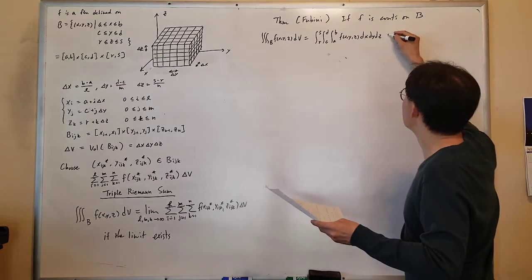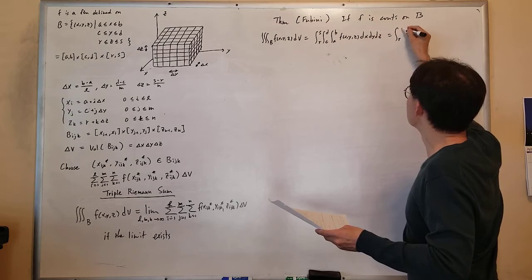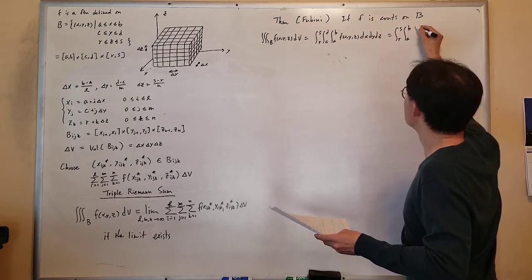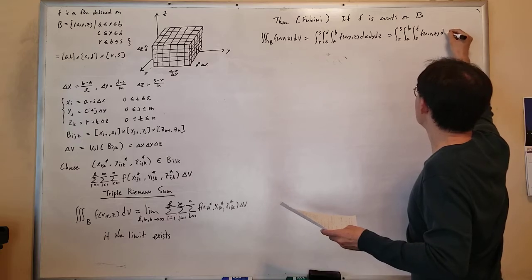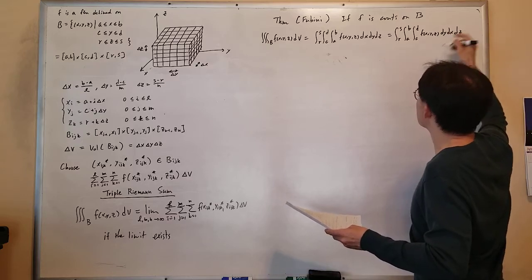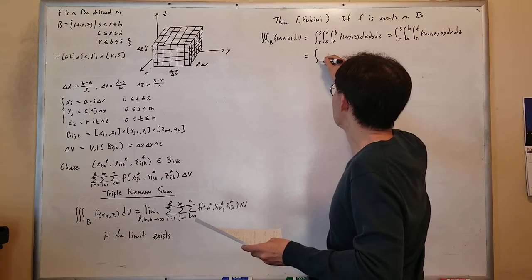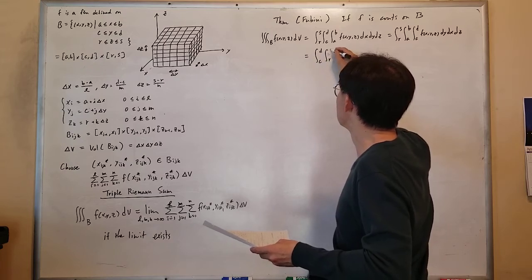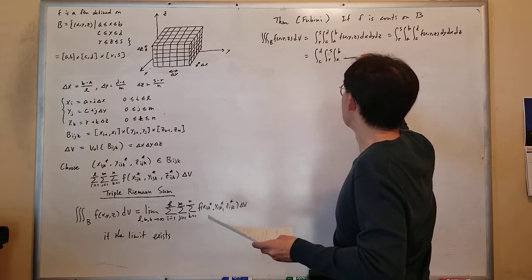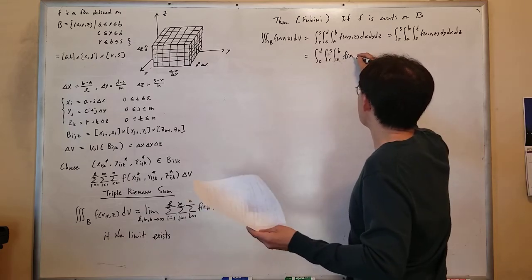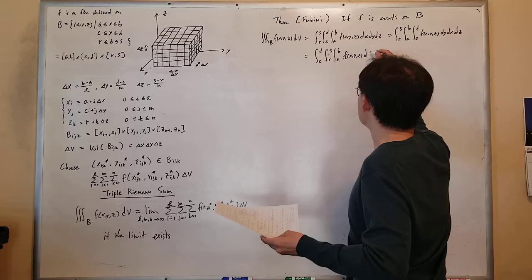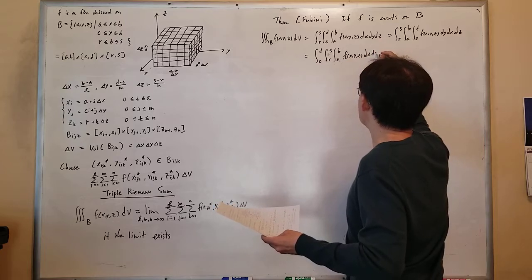Like, skipping this one, dy, dx, dz. All right. What about this? I didn't write everything in the lecture note, but let's write it. This is dx, dz, dy.